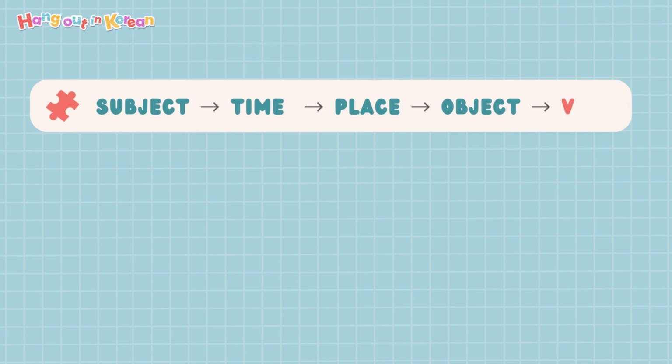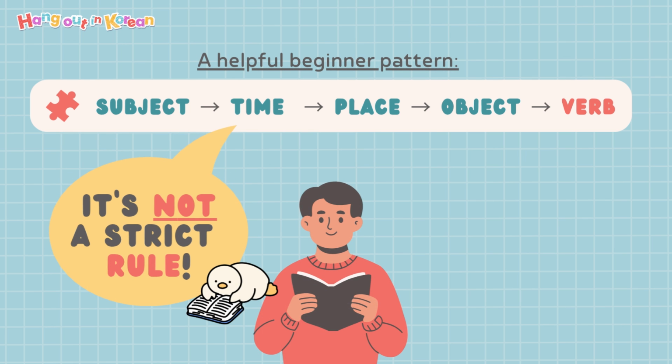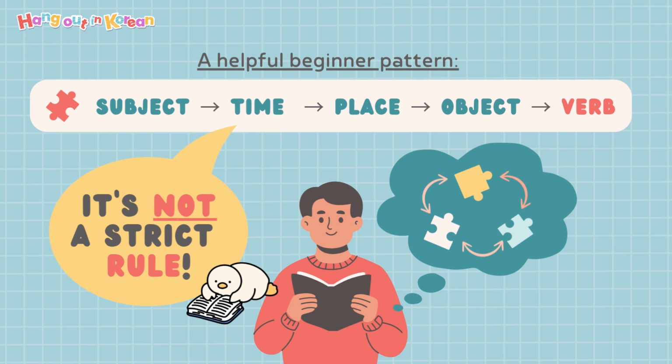A helpful beginner pattern. Remember, this is a helpful pattern for beginners. It's not a strict rule. As you become more comfortable with Korean, you'll discover that native speakers often move these pieces around depending on what they want to emphasize. We'll explore that in the next lesson. For now, this pattern gives us an excellent foundation for building sentences.